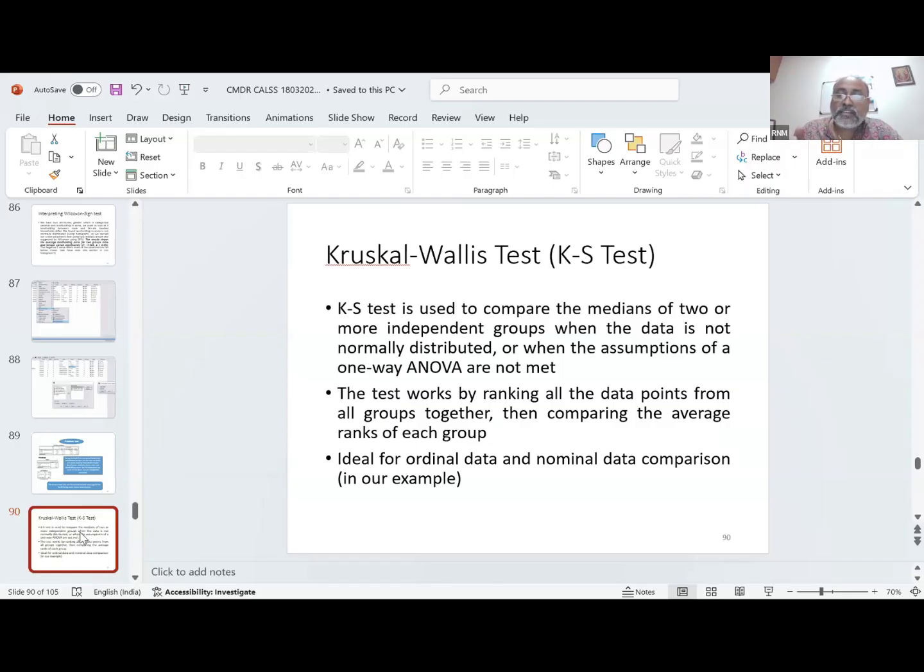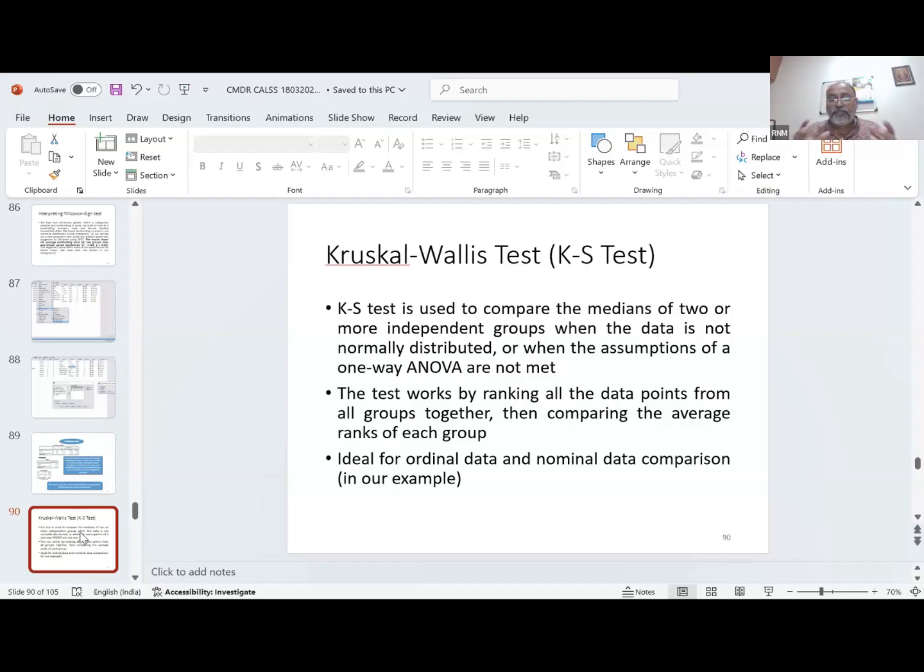Now the Kruskal-Wallis test is like Friedman's ANOVA. It is also based on the variances, but it calculates the medians for two or more groups when the data is not normally distributed. Then it ranks. Once the median is done, data below median and above median are ranked by the groups.